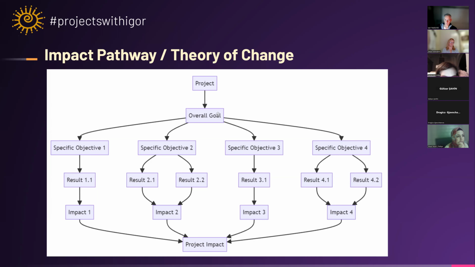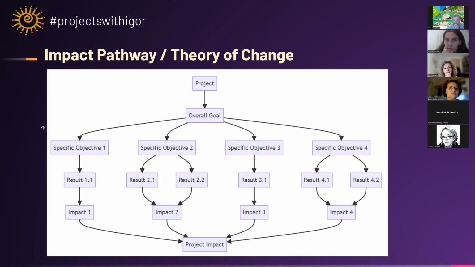Even a lot of people don't know what specific objectives are. Specific objectives are part of the overall goal. Every one of those specific objectives has its own activities, own results, and own impact. Some of the specific objectives can have more than one result, of course.